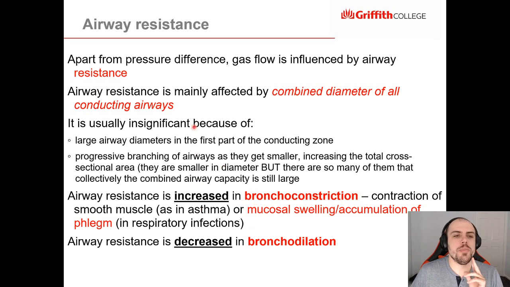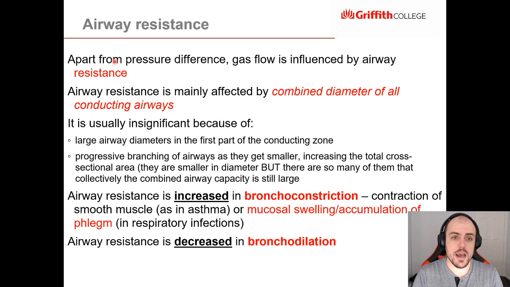Okay, so let's talk a little bit now about airway resistance. We've spoken about conduction and movement through various vessels when we were looking at blood flow and blood pressure.